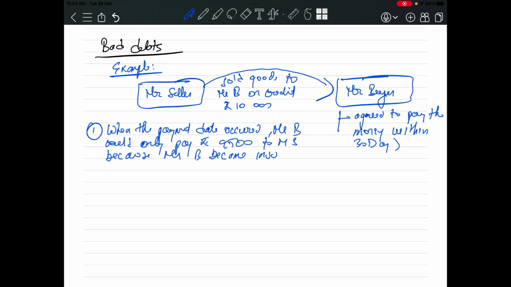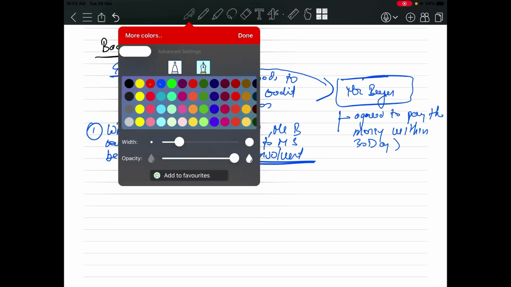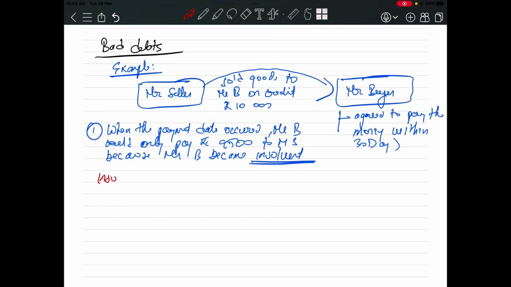became insolvent. Now what do I mean by insolvent? Insolvent simply means Mr. Buyer was left with no money. He became bankrupt.